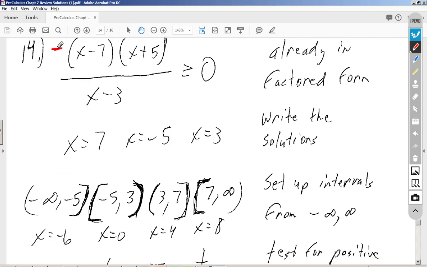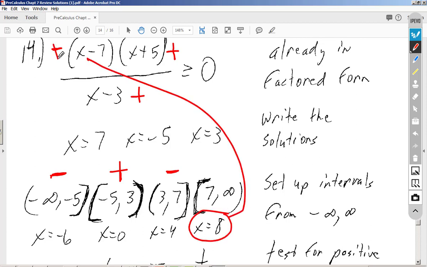This is negative, this is positive, and this is positive. So negative times positive, negative divided by positive, is a negative. So right now I have negative, positive, negative. Now when I choose that 8 and substitute it in, all three stay positive, and so that is going to be positive.